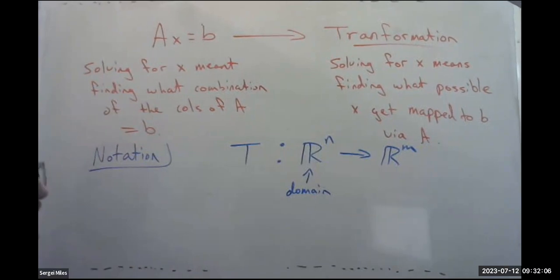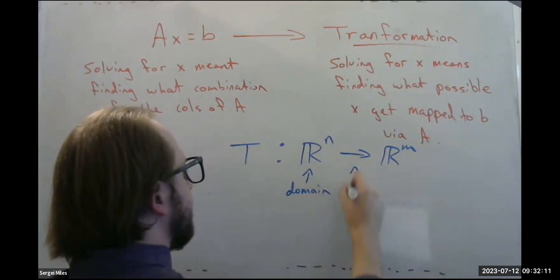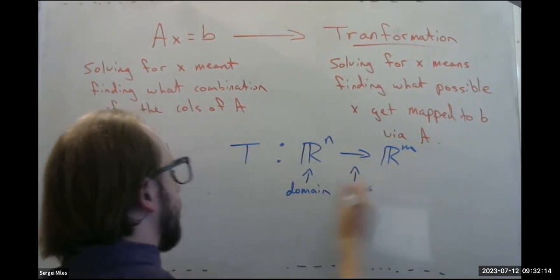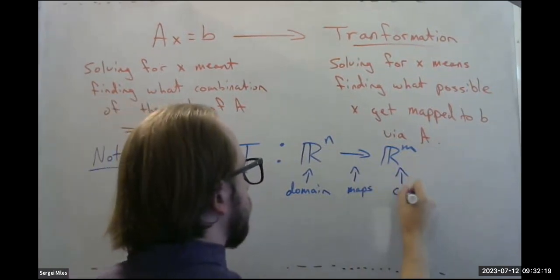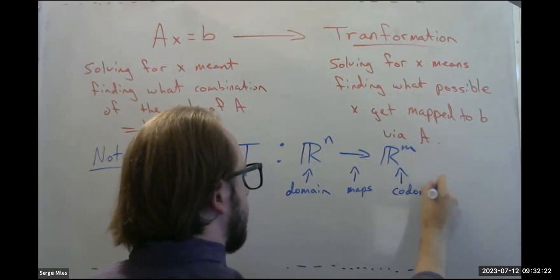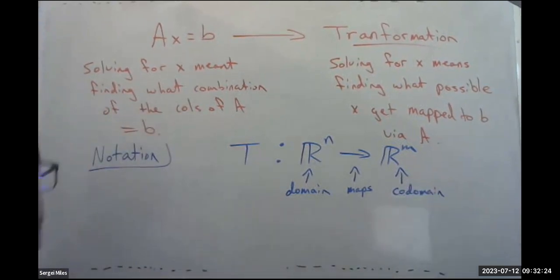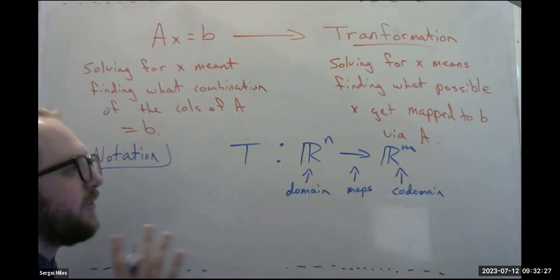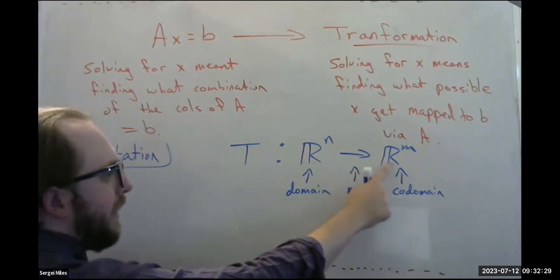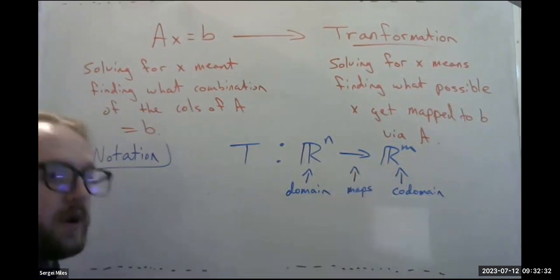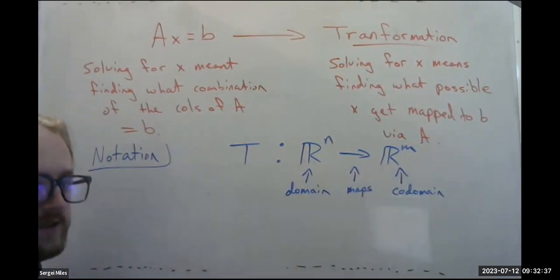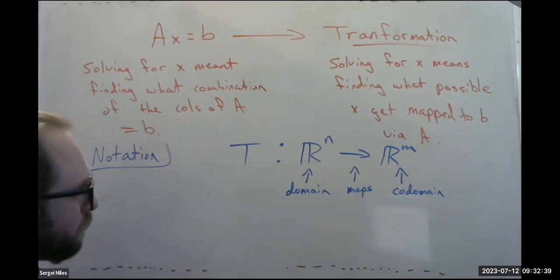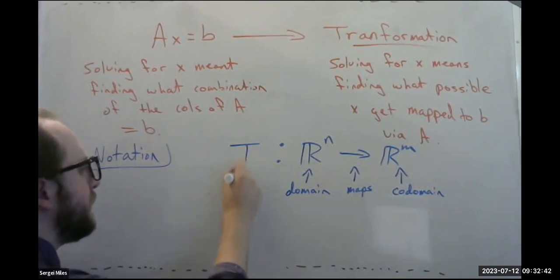This is the set where my inputs exist. T maps vectors in the domain into the codomain. Now notice I did not say range here. This is because the range might not be everything that's over here. The range might only be a subset of the space you're going to. We'll see examples of this in a moment. So this is what this notation means.